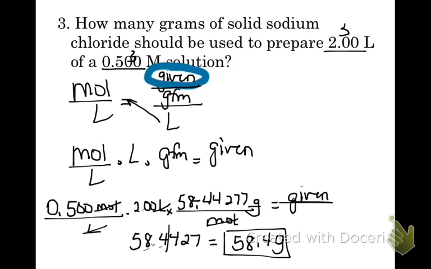So when I'm prepping this, I take 58.4 grams of solid sodium chloride, take the mass of it using my scale, put that into a large 2-liter volumetric flask, and add water to it until it comes up to the 2-liter mark. And then mix like crazy.